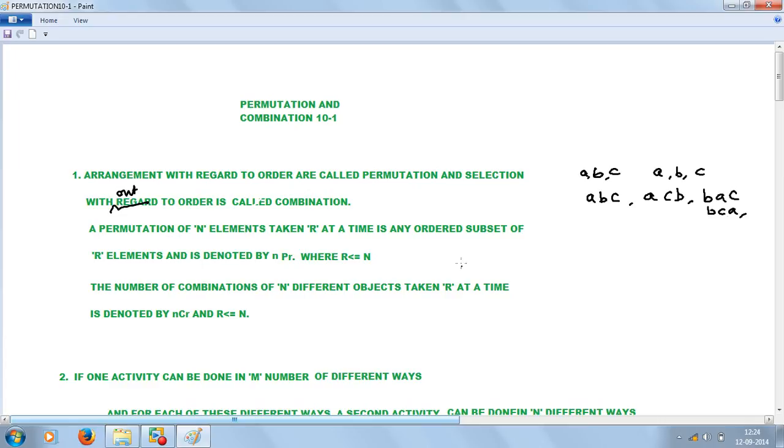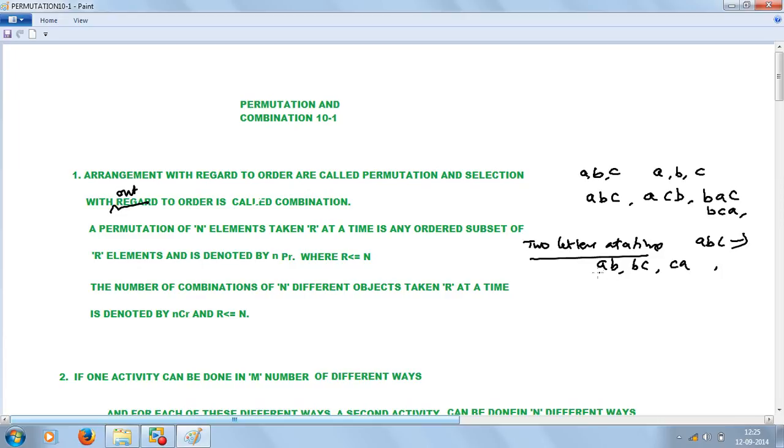So what do you mean by combination? In the same example, suppose you are taking two letters at a time. That is the condition given. Then how will you write the same ABC? You can say AB or BC or CA, two letters at a time.